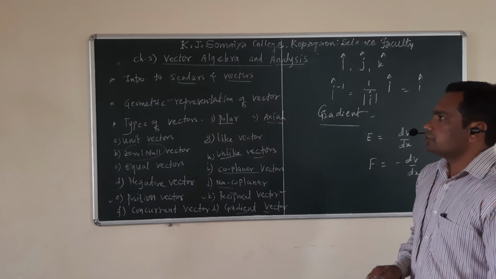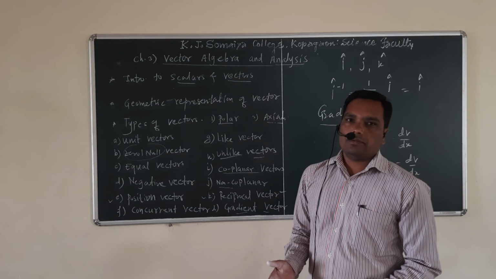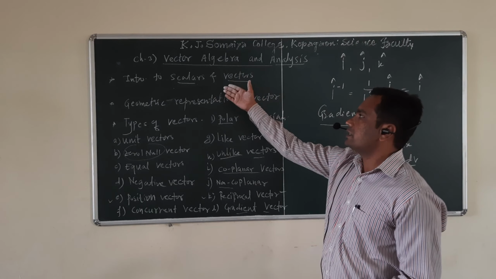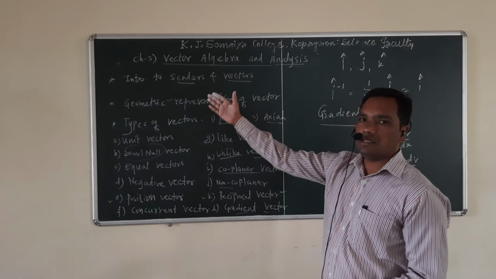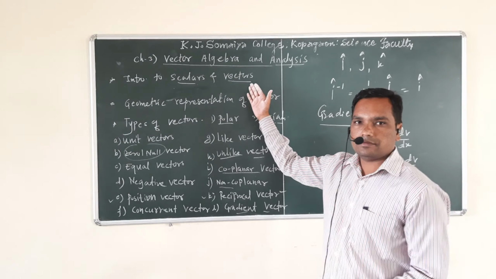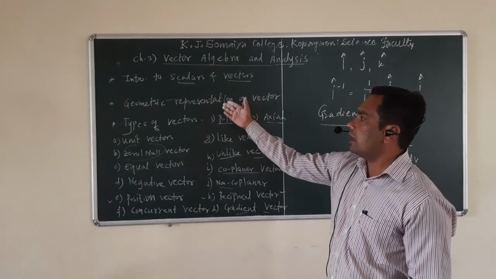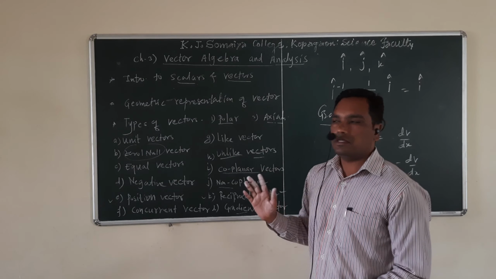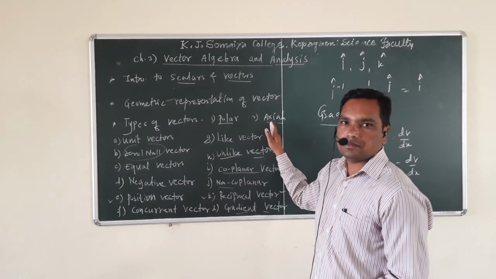So just recall what we have studied so far. Introduction to scalars and vectors, what is meant by scalars and what is meant by vectors. Then how to represent a given vector geometrically, then the different types of vectors: polar vector, and the axial vector, which is directed along the axis of rotation.